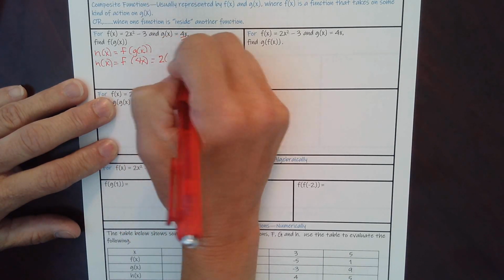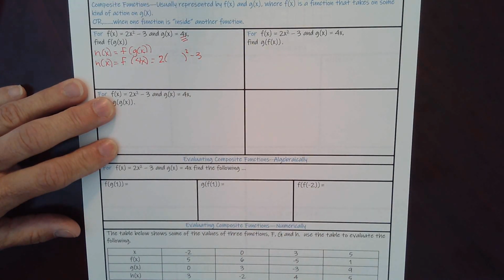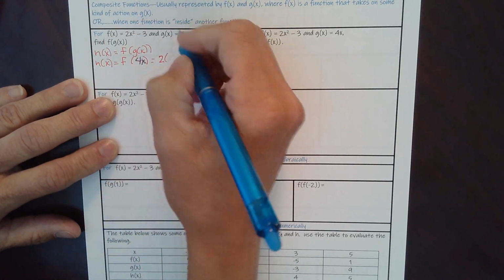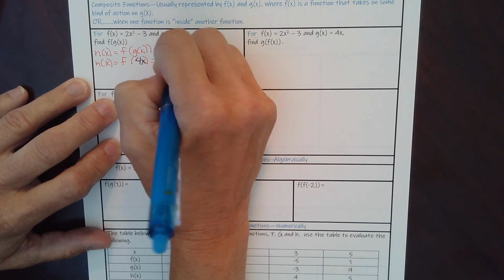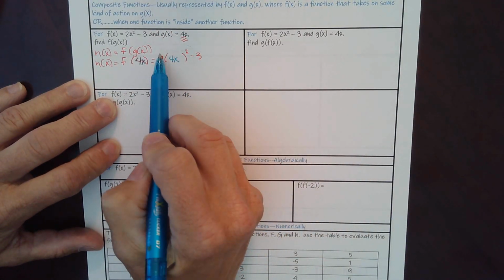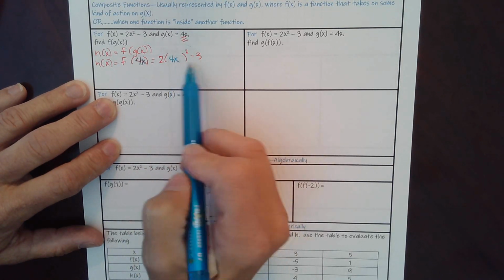f is defined as 2x squared minus 3. So now if I put 4x in, here's the f function, and the g function is put into x. Now let's clean this up and we'll see what we have.